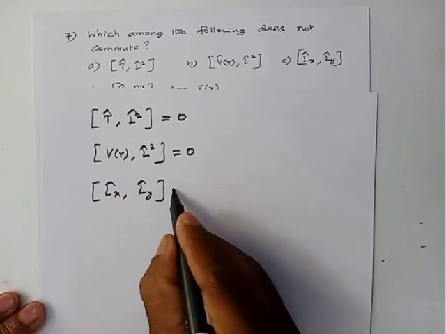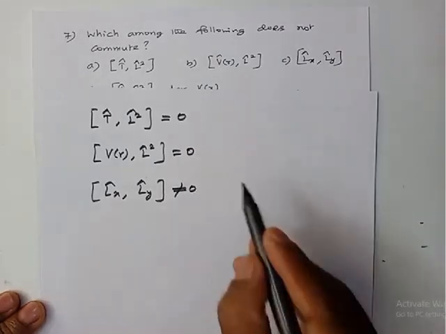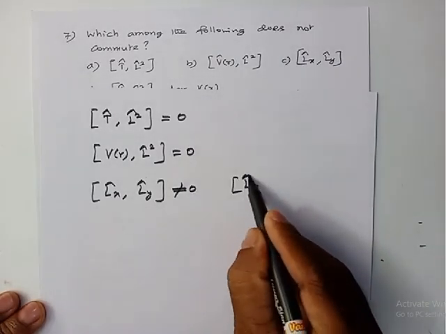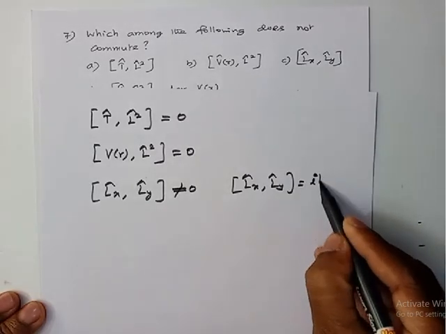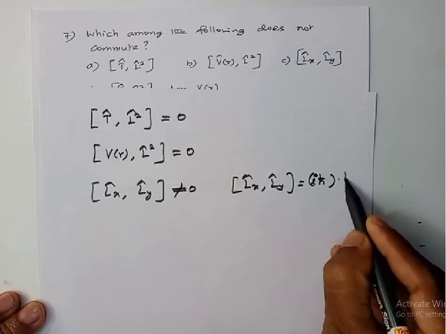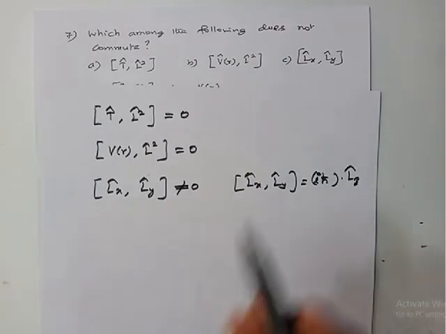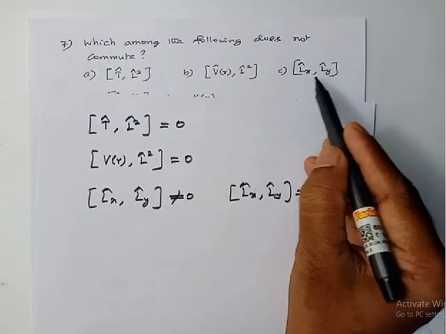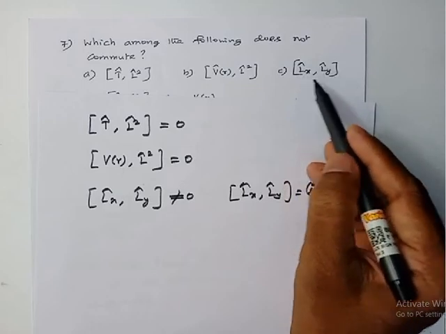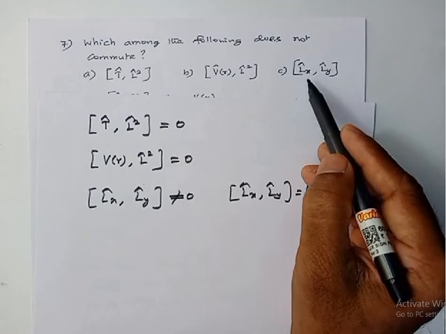Therefore, they do not commute. You know very well, the commutator of Lx and Ly is i times h bar times Lz. It is not 0. So these two operators, Lx and Ly, do not commute.